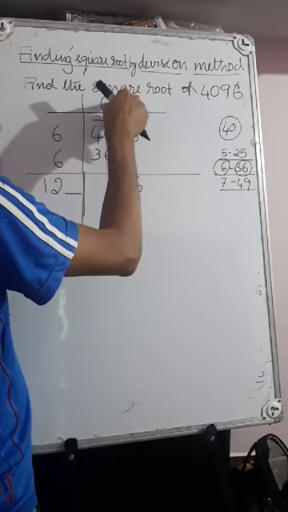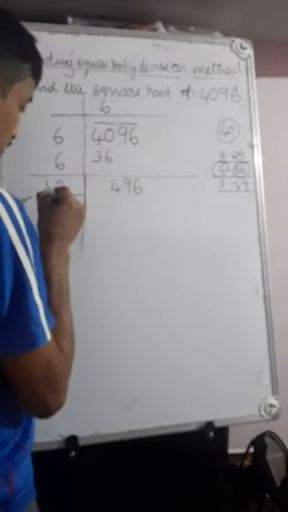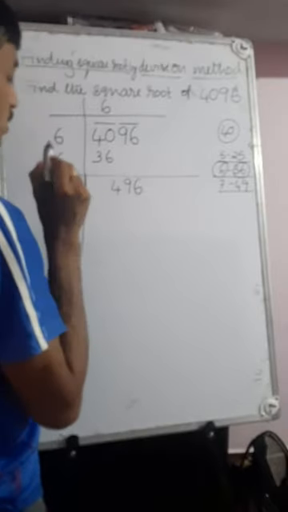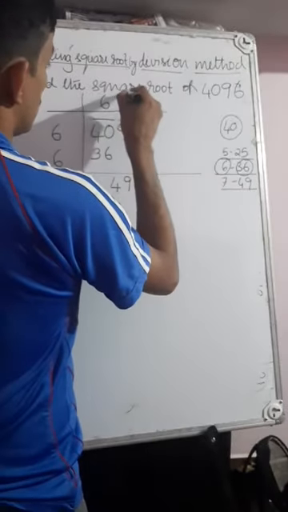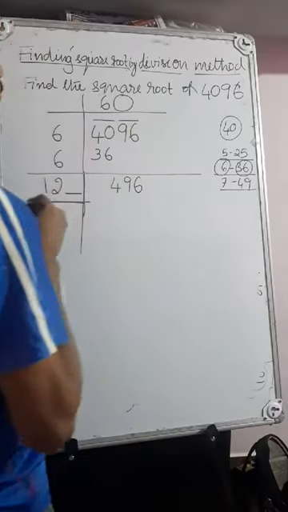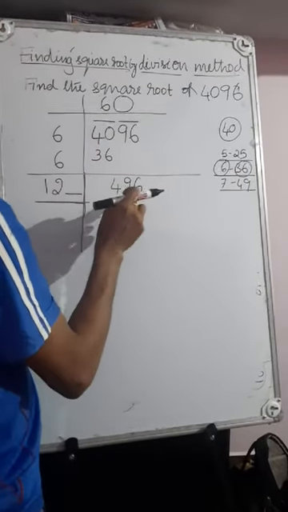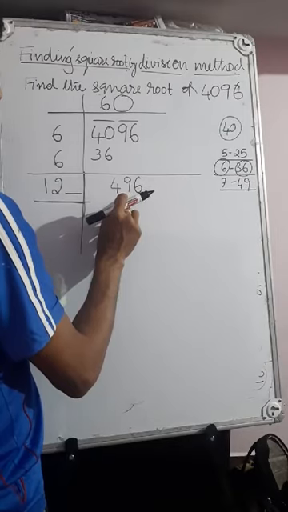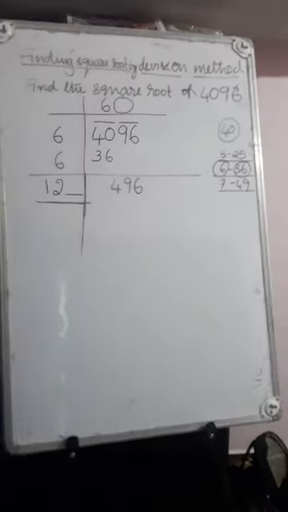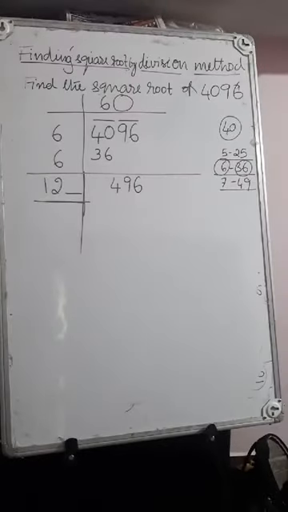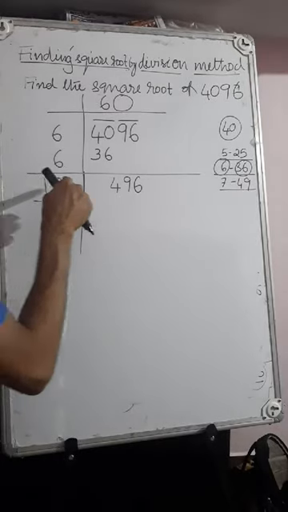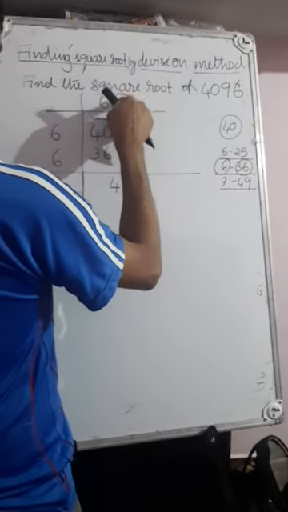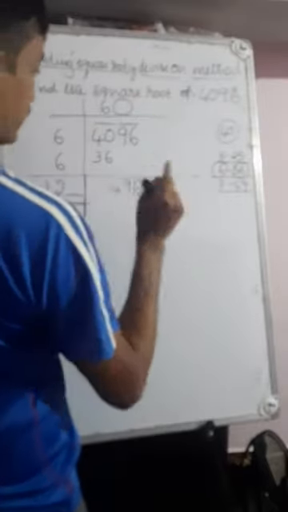Whichever digit you fill in this blank will also be the digit in the quotient, in such a way that the product of the new divisor and the new quotient is less than or equal to this dividend. If you enter 1 here, 121 into 1, 121, no need to.